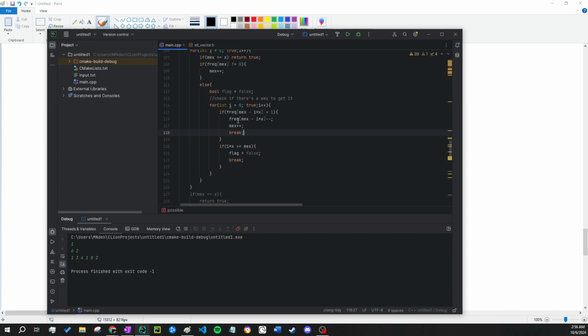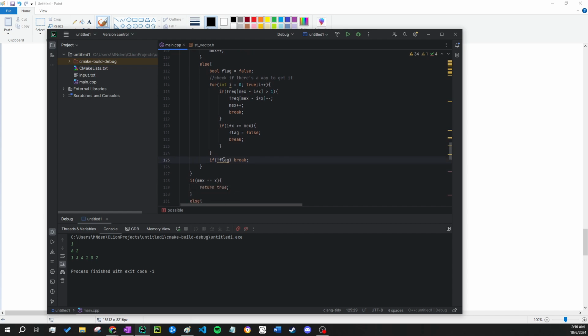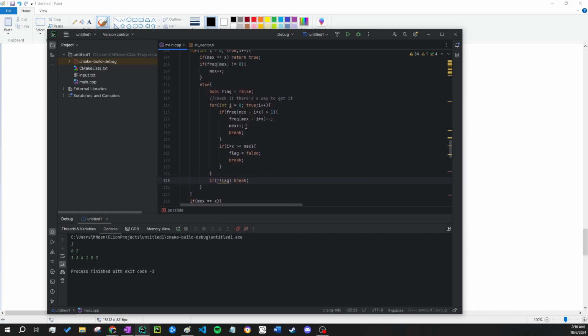So in the case where we're checking every single element, and if it doesn't work here, flag is false. And once we jump down here, we're gonna check if flag, then I'm gonna break out of this case. Break out of the while loop. Oh, here flag equals true.